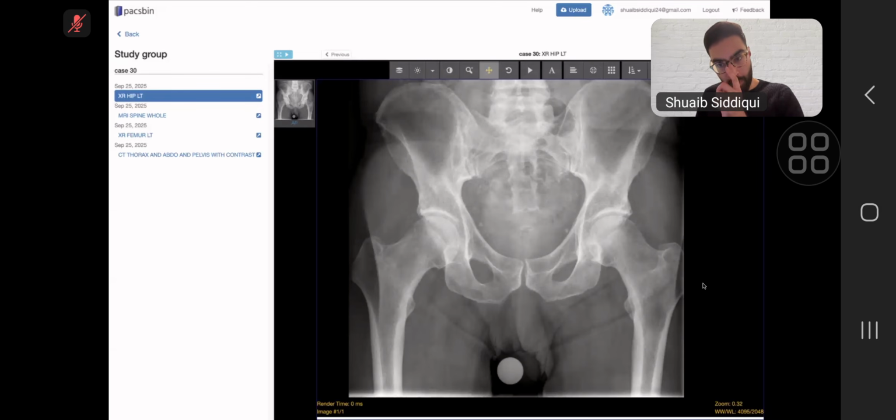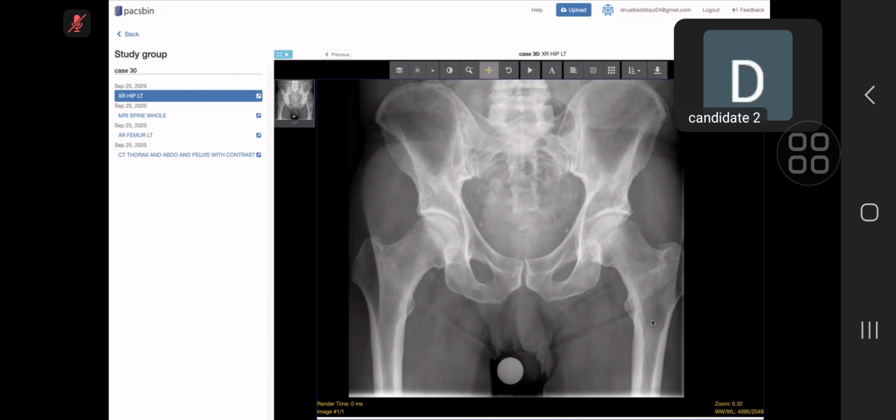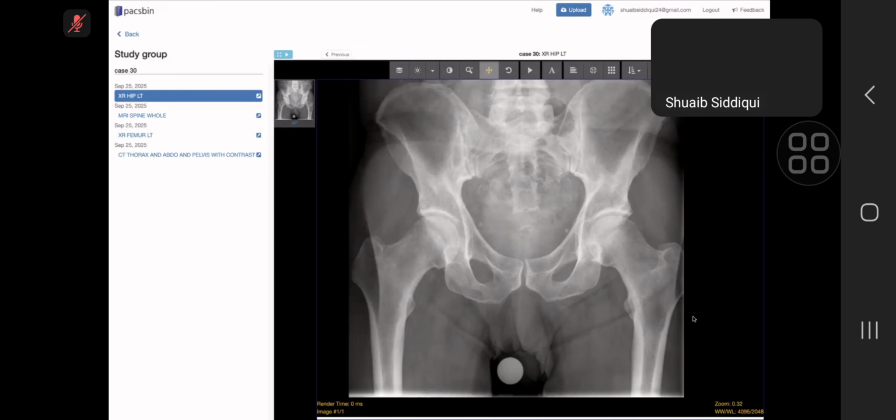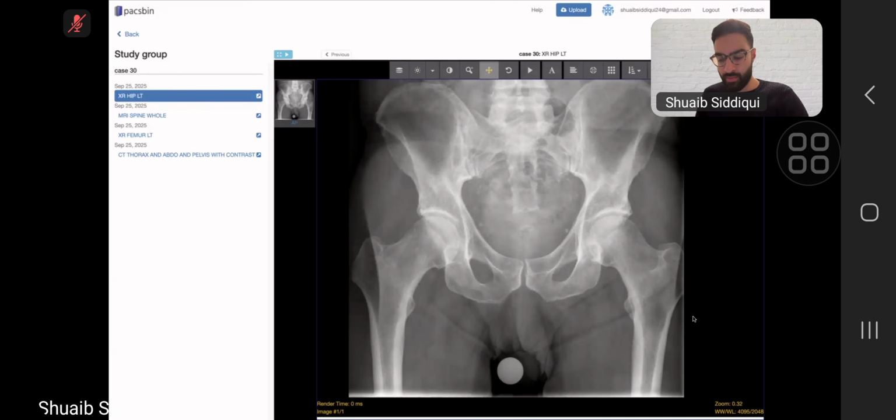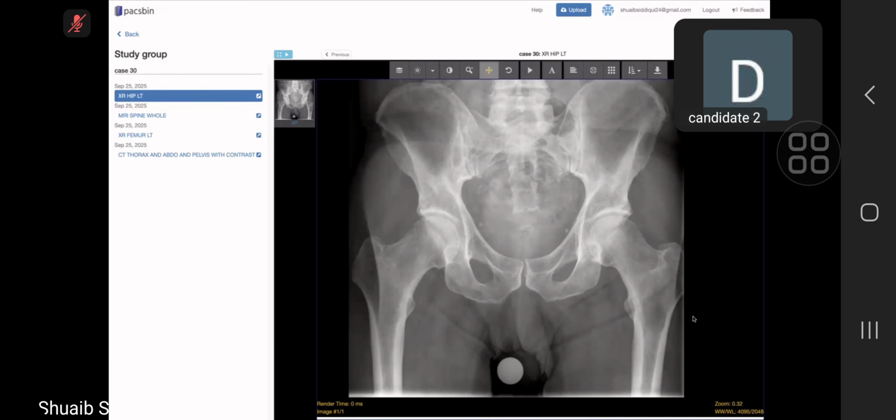I can see maybe there is a lucency in the proximal shaft of the left femur, in this region. It appears to be lucent, extending in the proximal shaft.